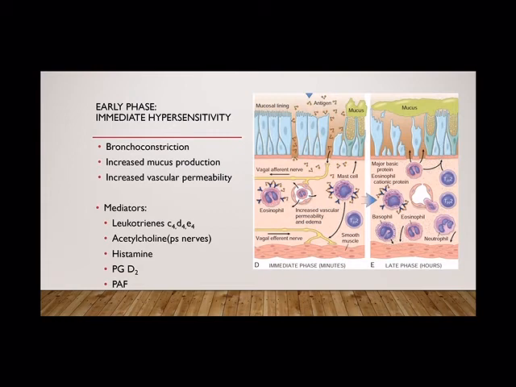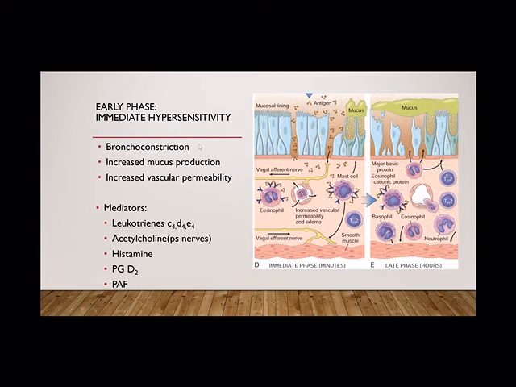Along with this, your platelet aggregating factor will cause a clot, and then prostaglandin D2, along with bronchoconstriction, will also cause vasodilation. So you have increased vascular permeability. So this is also one of them.